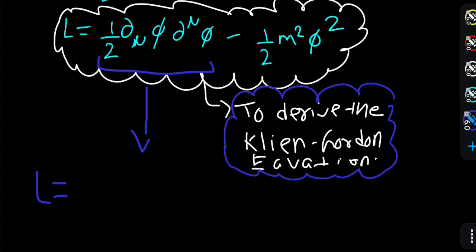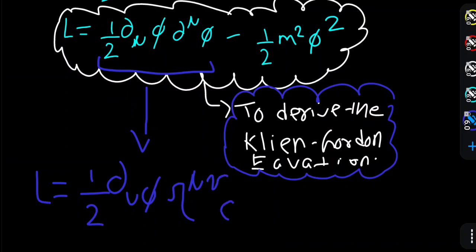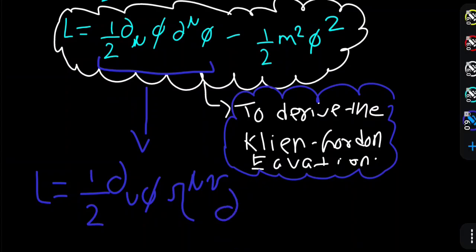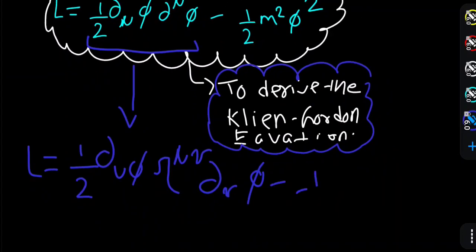So it's 1/2 eta mu nu del mu phi del nu phi minus 1/2 m square phi square.